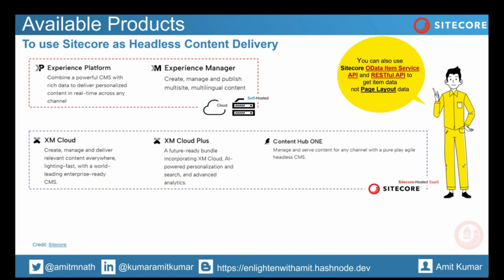But you need to write some sort of wrapper around Sitecore in the form of a Sitecore controller, so that you will be able to get the complete page in the form of JSON or whatever XML you are writing in the form of an API endpoint. You need to write your own logic to do that.